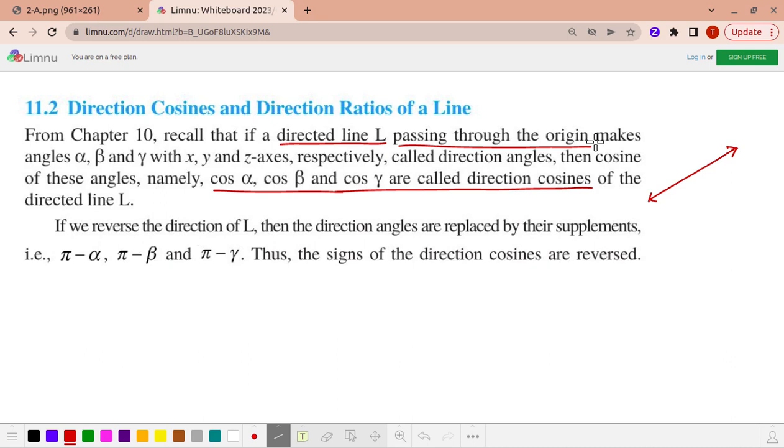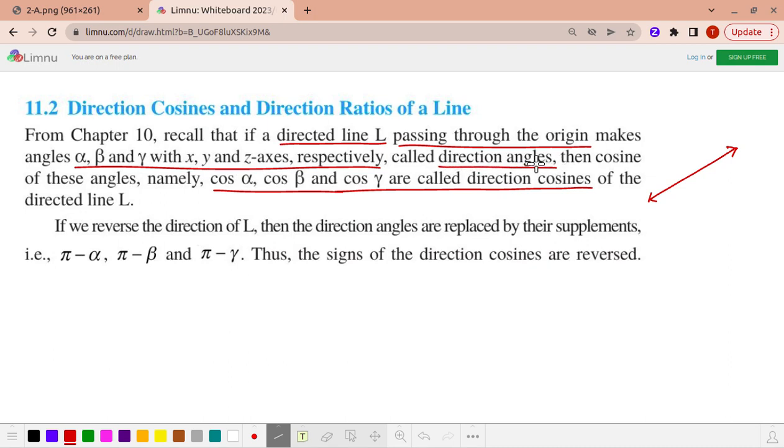Now let's assume for the time being there is a directed line passing through the origin that makes angles alpha, beta and gamma with the x, y and z axis respectively. These angles alpha, beta, gamma are known as the direction angles.